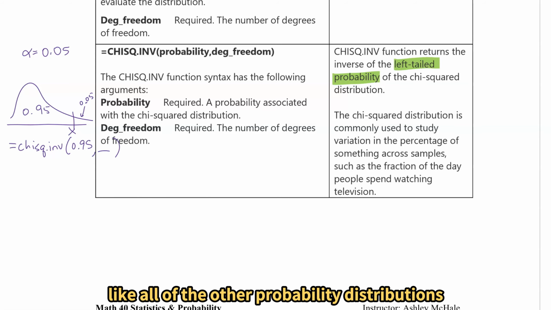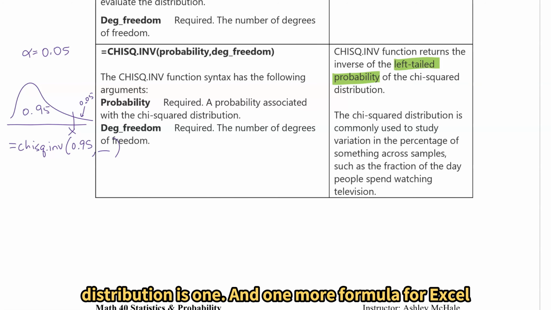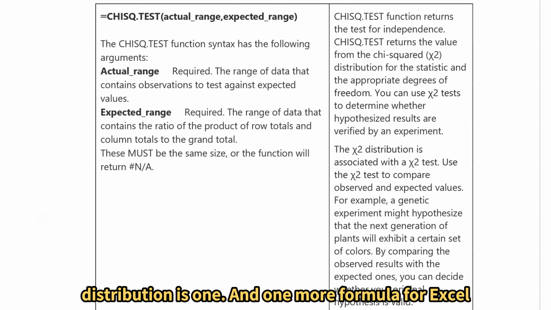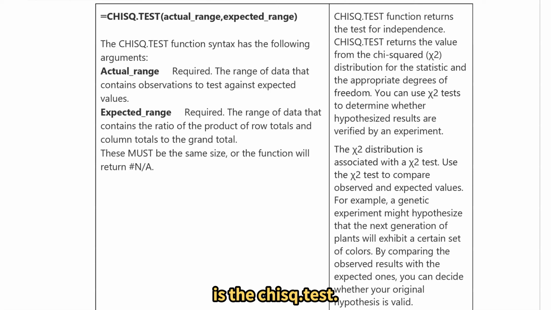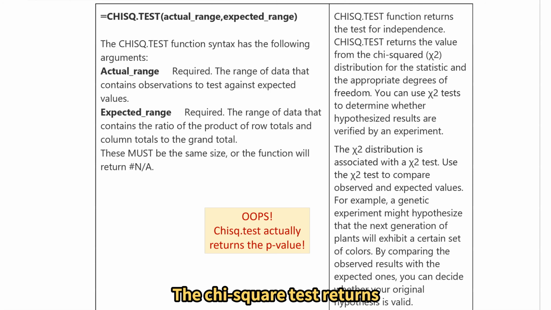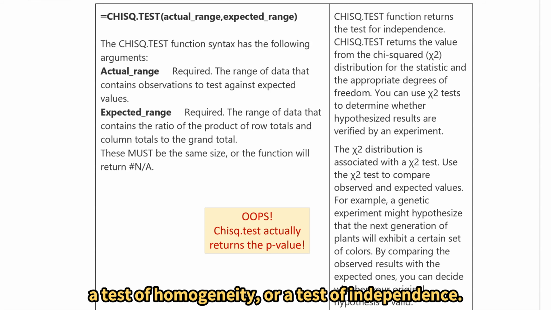And also, just like all of the other probability distributions we've been talking about, the area under a chi-square distribution is 1. And one more formula for Excel and Google that we'll be looking at is the chi-square.test. In a chi-square.test, the chi-square test returns the test statistic that would be calculated for a goodness of fit test, a test of homogeneity, or a test of independence.